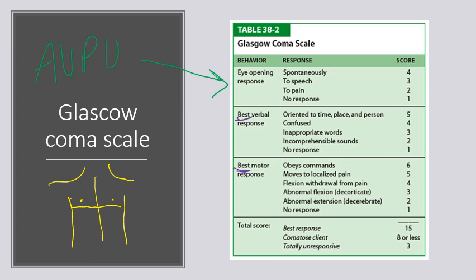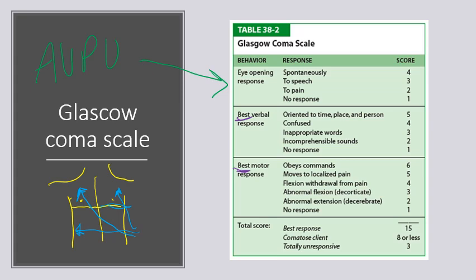In order for it to be considered actual localization, the person's hand needs to come up and either above this line on the same side or across that center axis over to the other side, or even this way. But they have to break one of those planes.